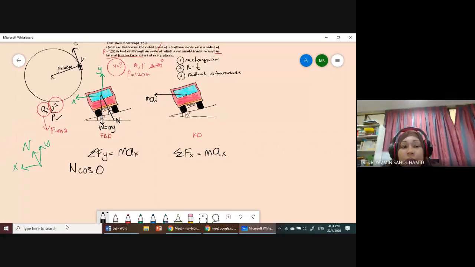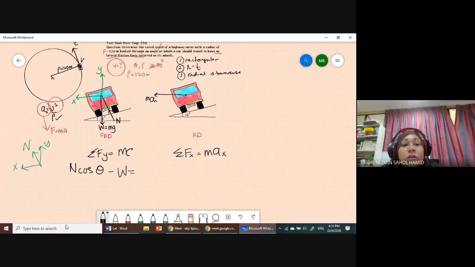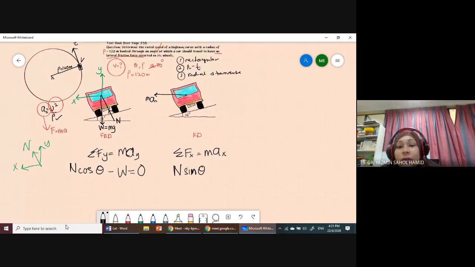N cos theta minus W equals to what? 0. Okay, that's correct. So the second equation: N sin theta equals to m a_n. Okay, so here you have two equations already, right?